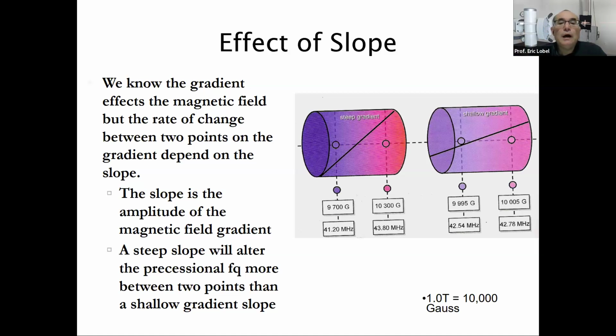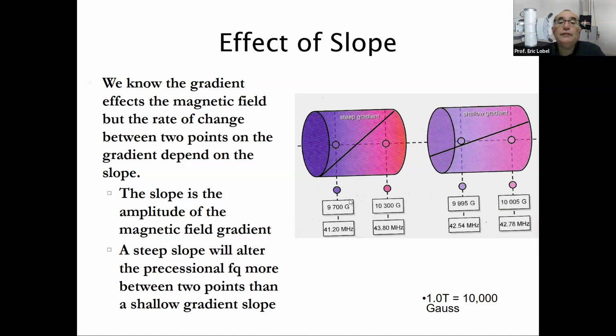And what you can see here is that the slope of this gradient can also alter the magnetic field if you have a steep slope. What this means in reality is we're pumping in more electricity, more energy into the gradient. The analogy I often use is it's kind of like a seesaw, where in this case, I'm pushing down all the way to the ground and the other side is going all the way up.